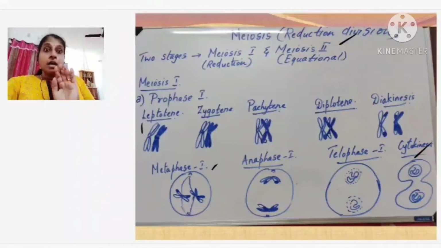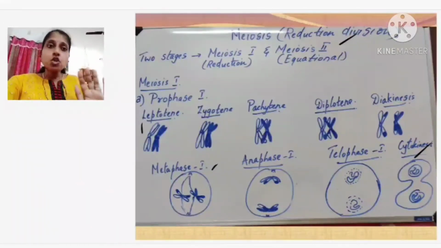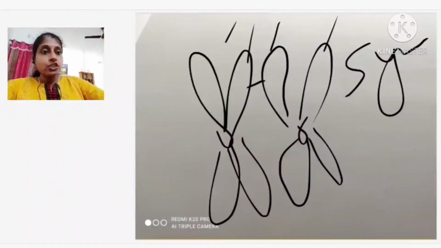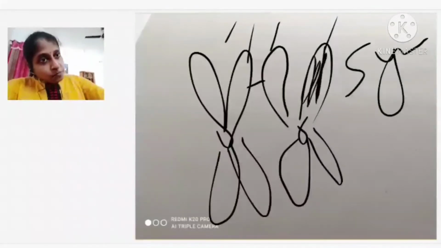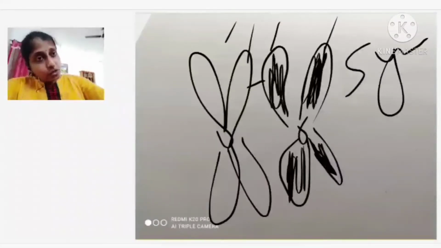Okay. Now in the pachytene, a very important process is going to take place. What is that? That is crossing over. What is going to take place? Crossing over. So what is crossing over? Listen carefully. In the pachytene stage, this chromosome is one set, isn't it? Just to differentiate between these two, like this it was present.